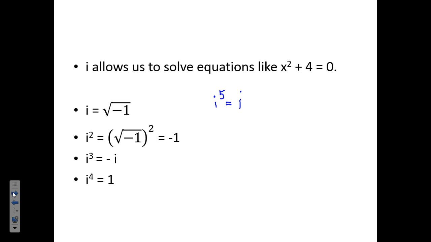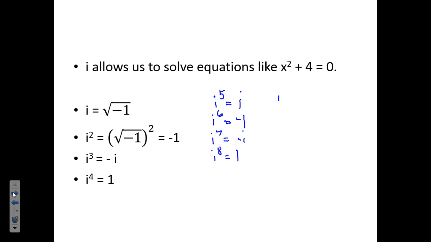Okay. i to the 6th says take that times i, and what are you going to get? -1, because i times i squared is a -1. i to the 7th, -i. i to the 8th, +1. And it repeats the pattern.